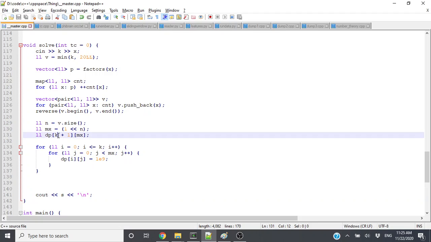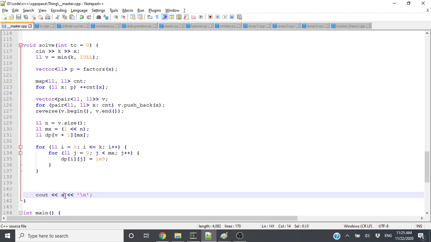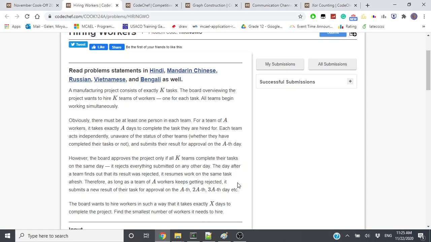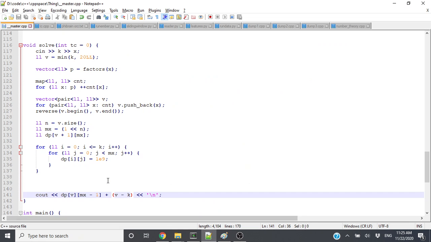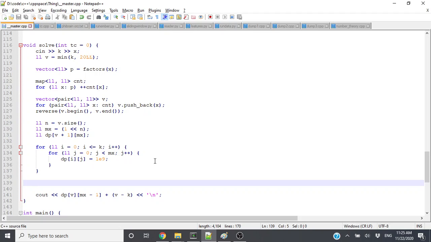Should like dp b max minus 1 plus b minus k. Or something like that. Right, so now dp 0, 0 equals 0.